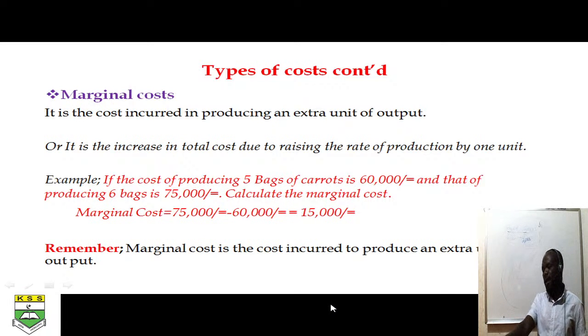So the marginal cost would be equal to 75,000, which is the cost of producing 6, minus 60,000, which is the cost of producing 5. The difference between 6 and 5 is 1. So the cost of producing that extra 1 bag would be the marginal cost, and in this case it is 15,000 shillings. But always remember, marginal cost is the cost incurred when you are producing an extra unit of output.